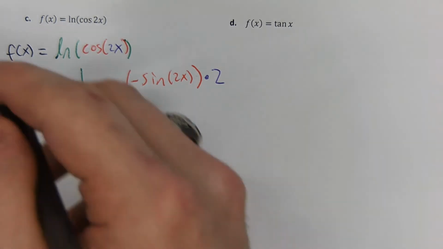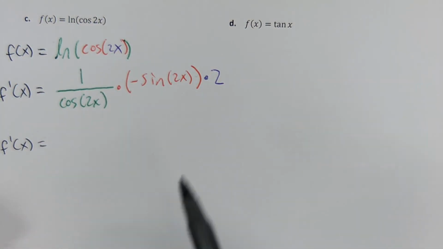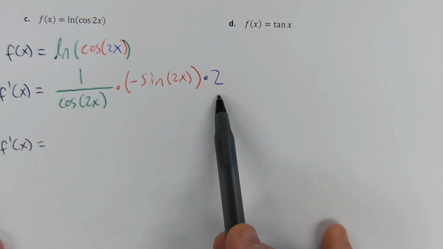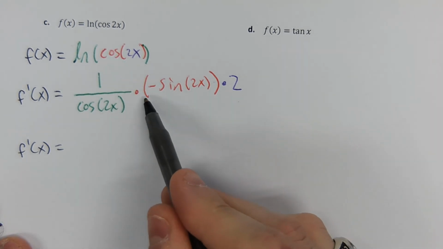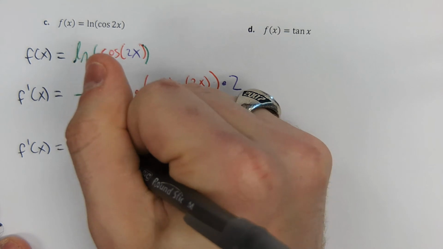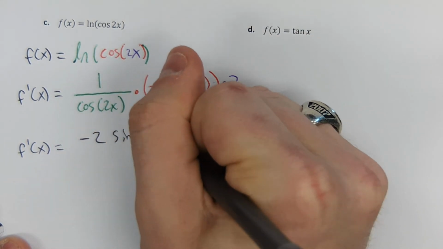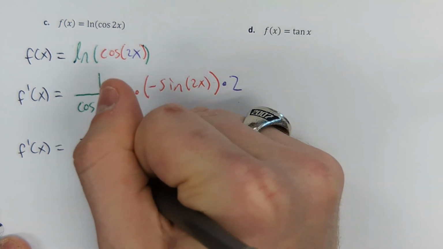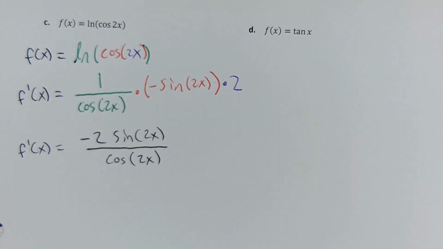So cleaning it up, and like Alberto and I just discussed, this red and purple information is not on the bottom of the fraction. So negative sign in the front, 2 in the front: negative 2 sine 2x over cosine 2x. Could we use an identity here? We could. Somebody whispered it.